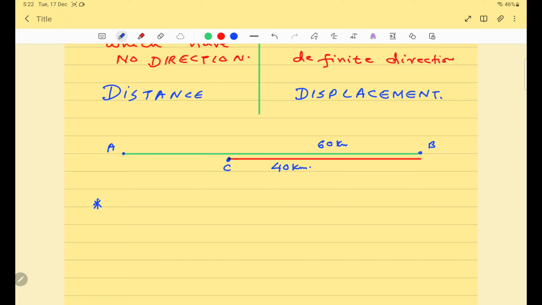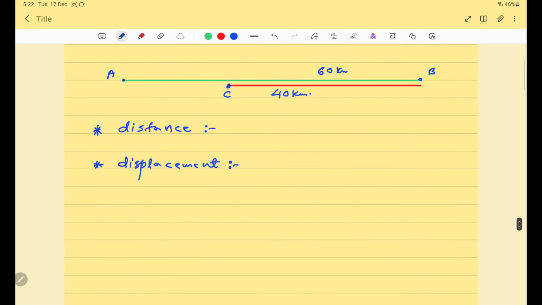Can you tell me how much distance the car has covered and how much displacement the car has covered?